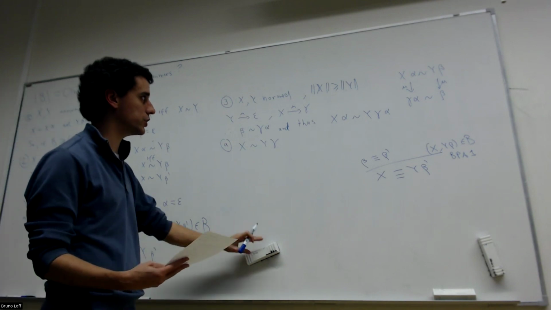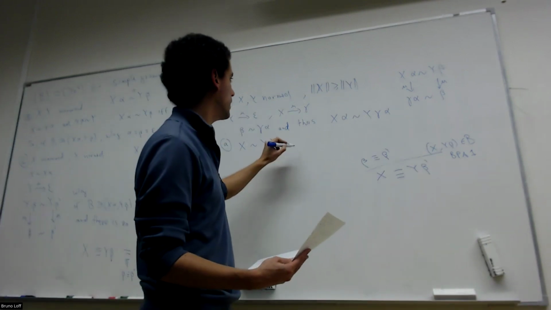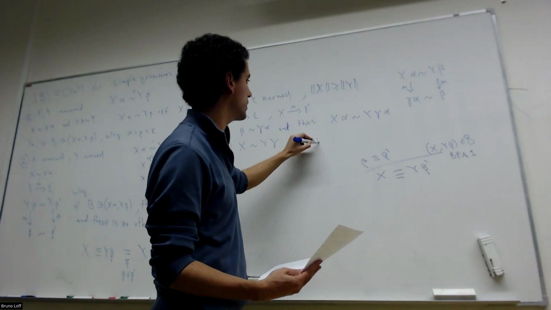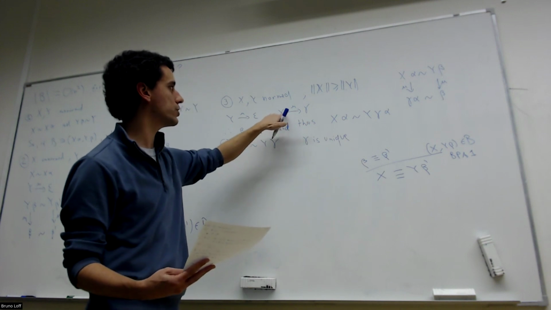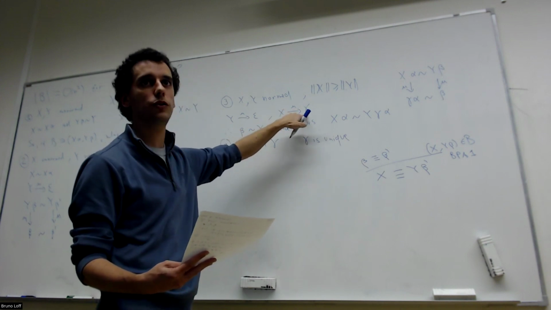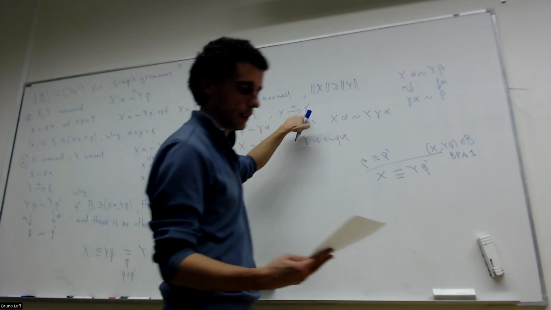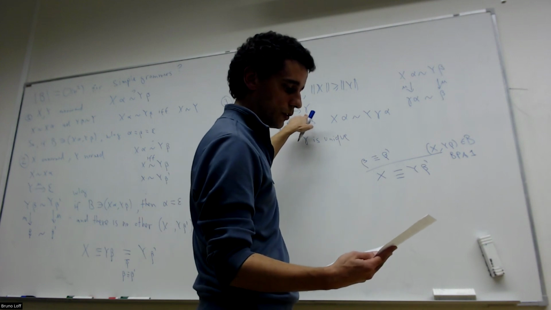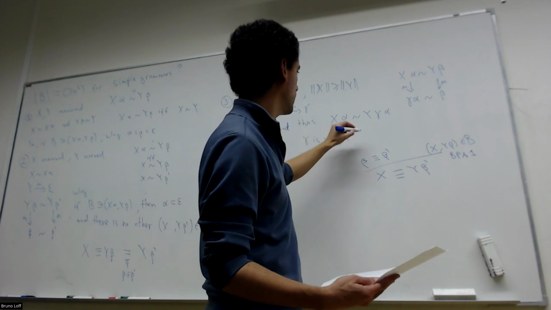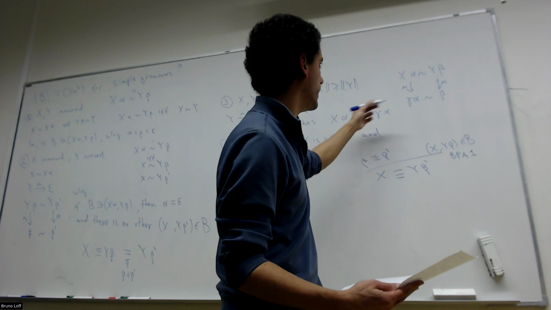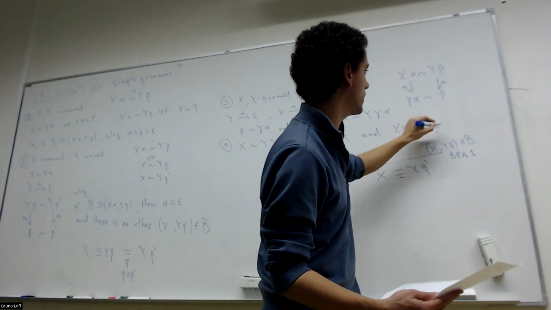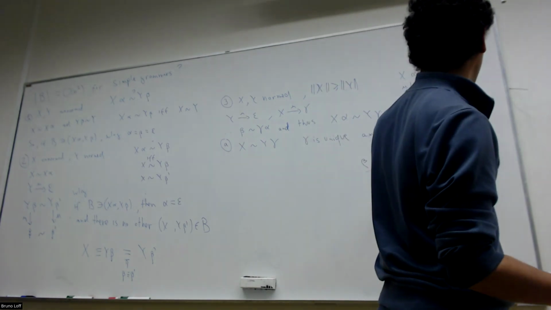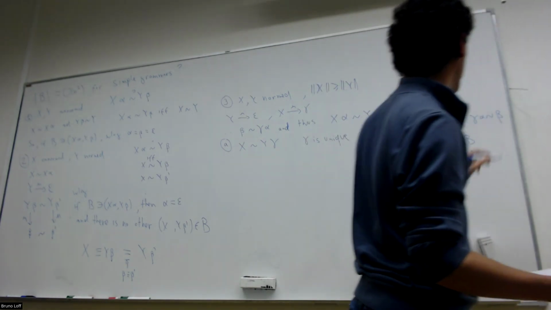In this case, the first observation is that gamma is unique, because from X and u there is a unique gamma. The second observation is that for any alpha, X alpha is bisimilar to Y beta if and only if gamma alpha is bisimilar to beta.